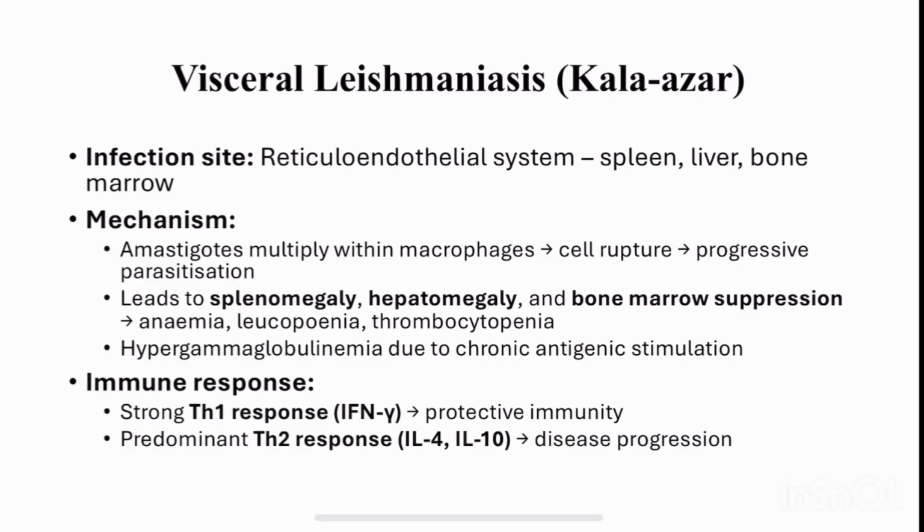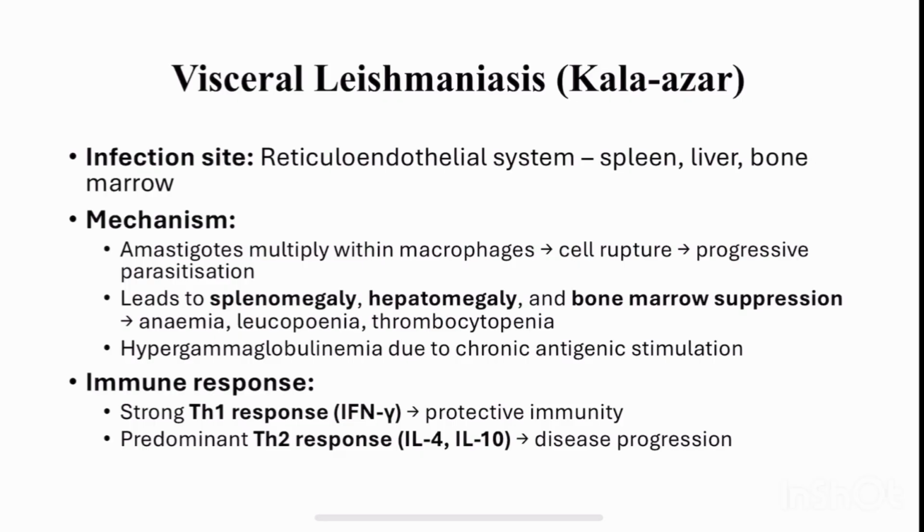Okay, so there are two immune responses. First will be the T helper cell 1 response, in which T helper cell 1 will release interferon gamma, and this provides protective immunity. T helper 1 provides cell mediated immunity, which is a delayed type of immunity.